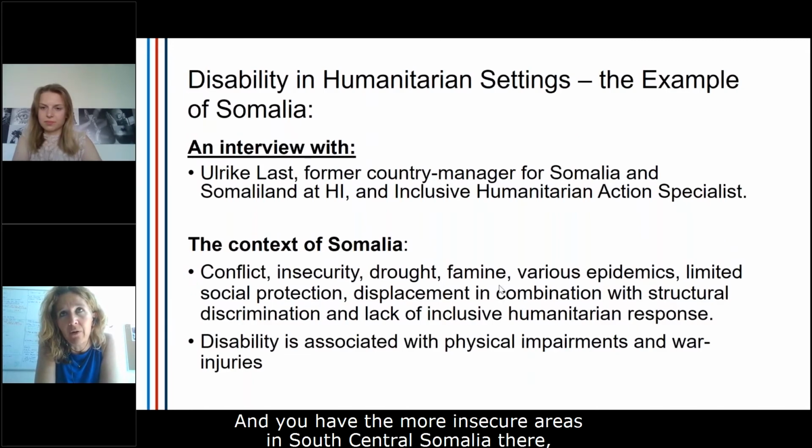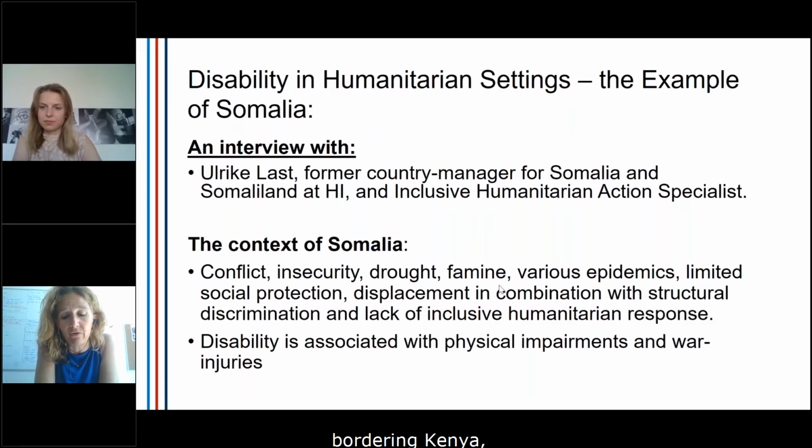And you have the more insecure areas in south central Somalia, bordering Kenya, as well as other parts of Ethiopia, where you have fundamentalist Islamist groups, and really the plural is the case, which are in conflict of varying density with the federal government of Somalia. As a result, you have very patchy control mechanisms by the government.